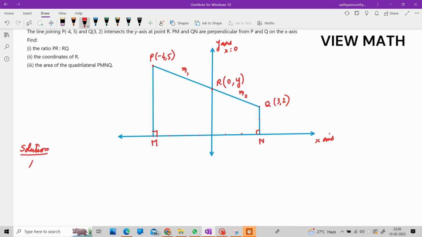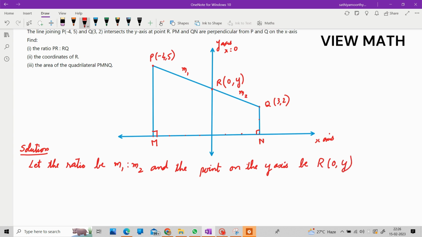Let the ratio be m1 is to m2 and the point on the y-axis be R, which is (0, y). Now I'm going to start with the value I know. So let me write the section formula first.